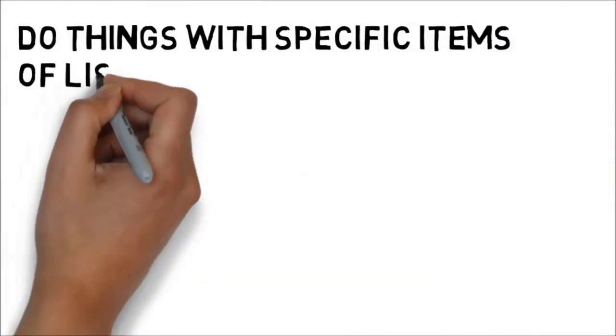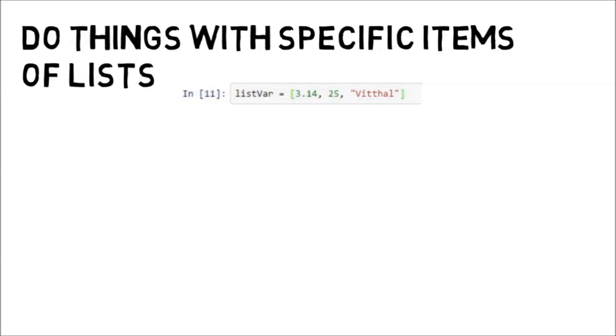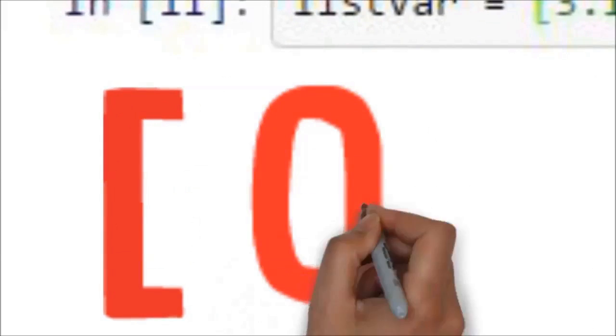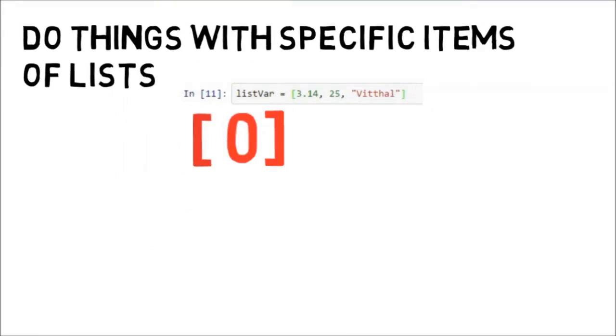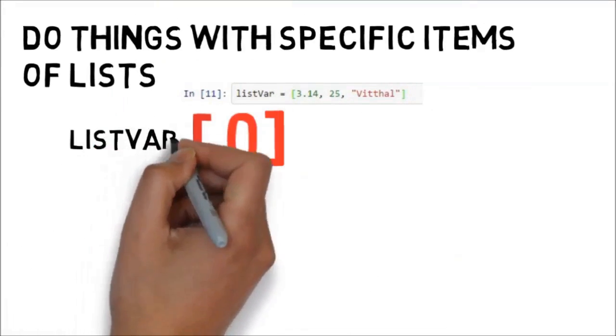For this, you need a way to refer to a specific item of the list. Say you want to refer to the first item in the list or to the second item in the list. This can be done by using the index of the item in the list. The index will be enclosed in square brackets, and remember that the index in Python starts from 0.